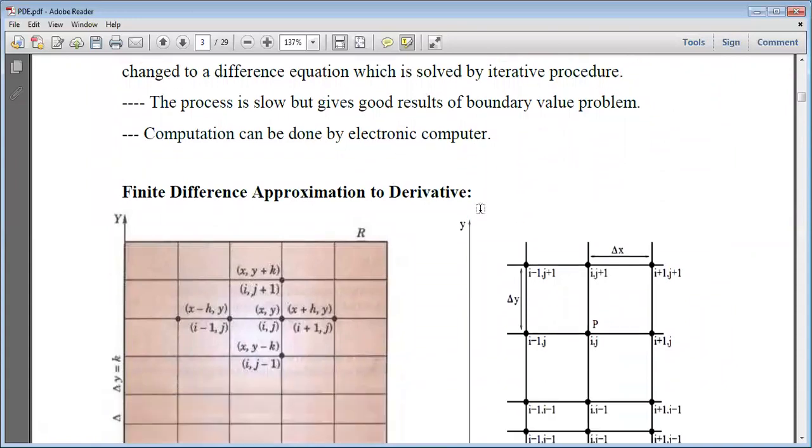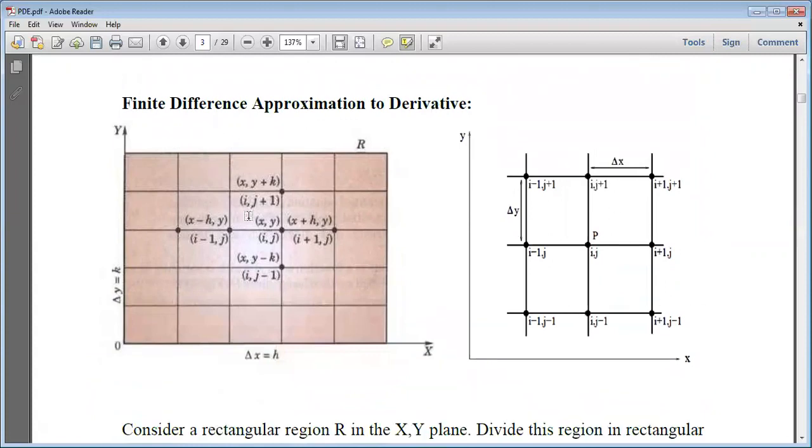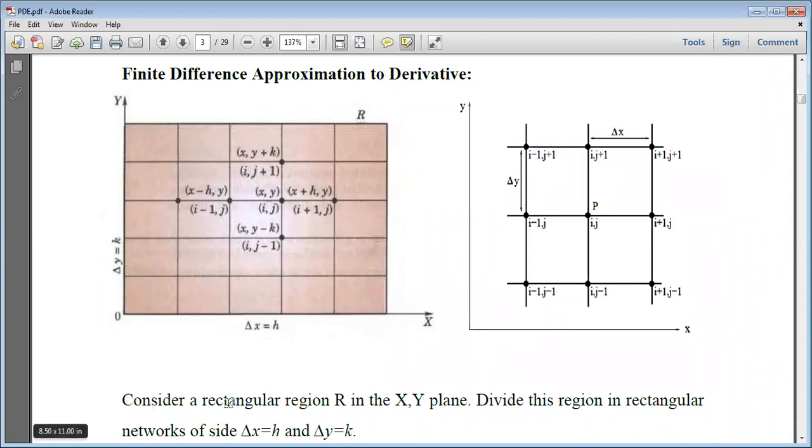Now, let us understand the finite difference approximation to the derivative. Let us consider a rectangular region R in the xy plane as shown in this figure.